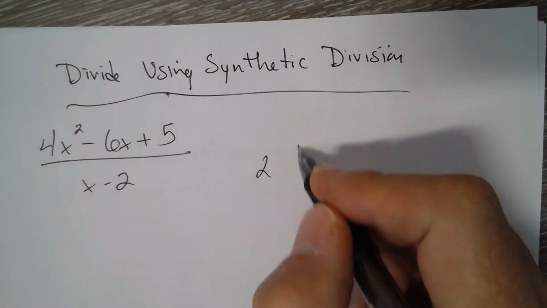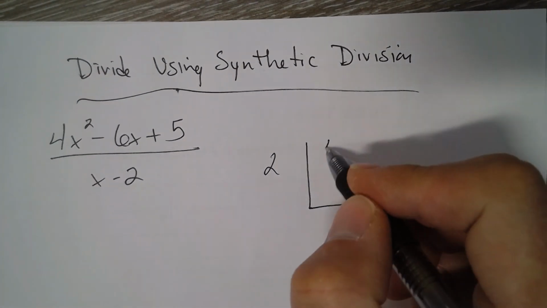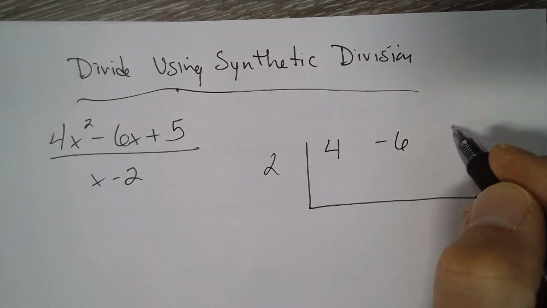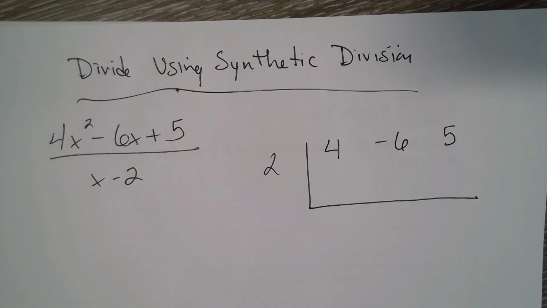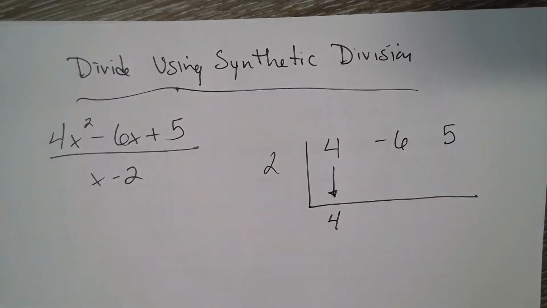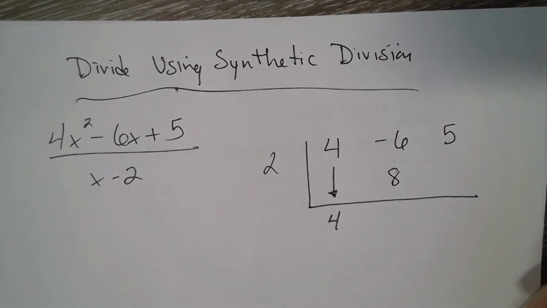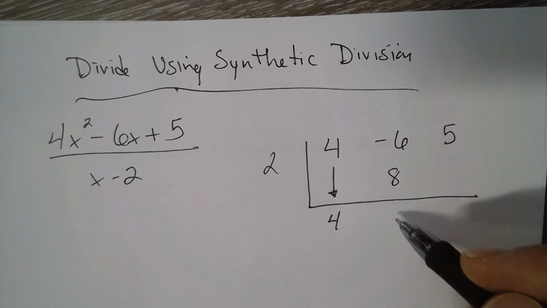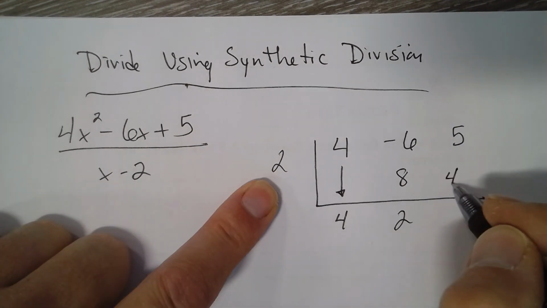So we put 2 out front, 4, negative 6, and 5. Bring down the 4. Then you just keep multiplying and adding. 2 times 4 is 8. And add. And multiply. And add.